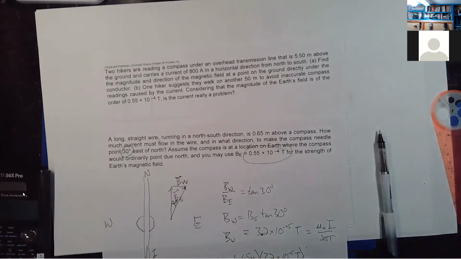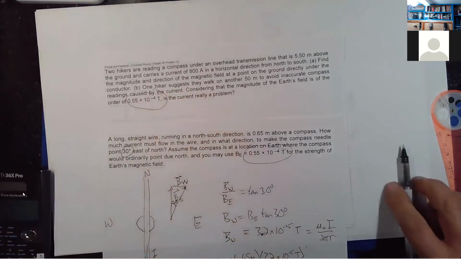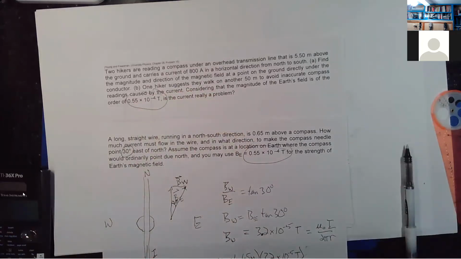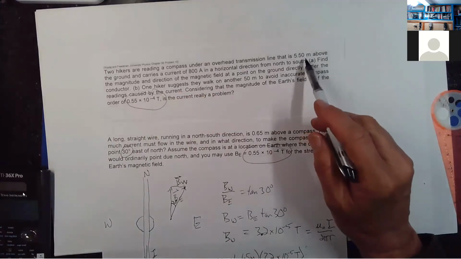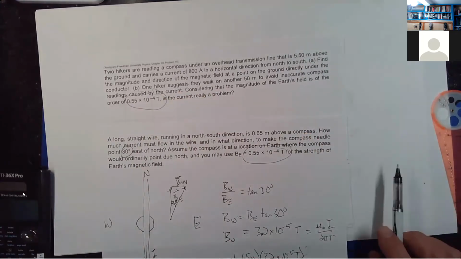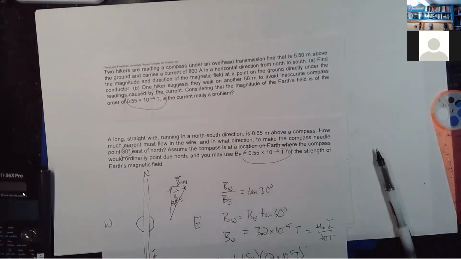It uses the same strength for the Earth's magnetic field. So at least this one's a ways above the ground, 5.5 meters. But still not all that high to be carrying 800 amps.